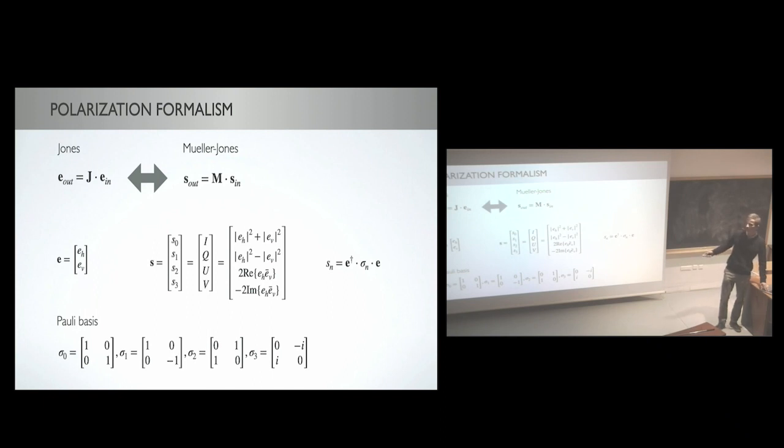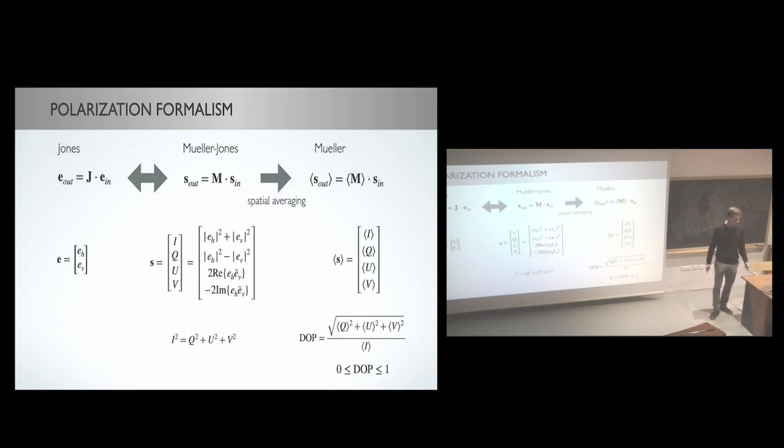There's an overall phase term that you lose, but otherwise they define the exact same polarization states. However, because we have a lot of speckle, we generously average our signals. And if you now spatially average a Stokes vector, the Stokes vector being incoherent, you end up with a vector that in general can be depolarized.